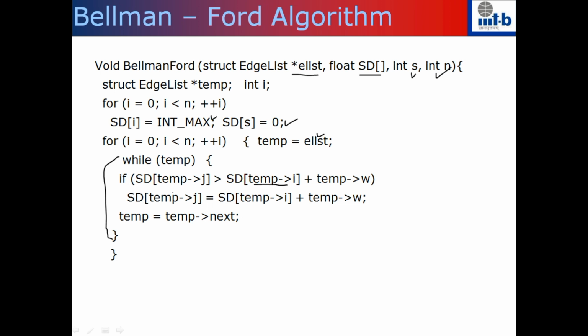When I look at an edge going from i to j, I look at whether the shortest distance to vertex j is greater than the shortest distance to i plus the weight of the current edge. If it is, then I update my shortest distance to j to be the shortest distance to i plus the weight of this edge. Then I go to the next edge and repeat this process.